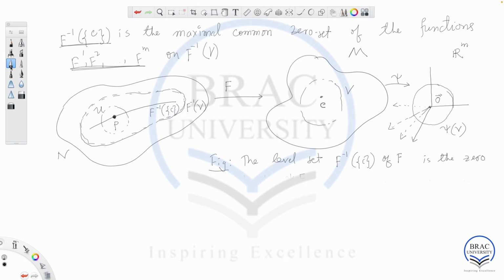So F star comma P is a linear map from this tangent space T_P N to the tangent space T_F(P) M, right? This is surjective. That is, the rank of this linear map F star comma P, this is surjective means that the image here is the whole thing, right?